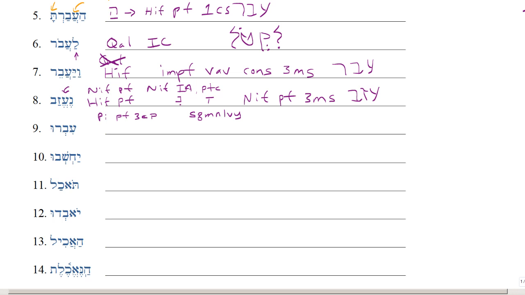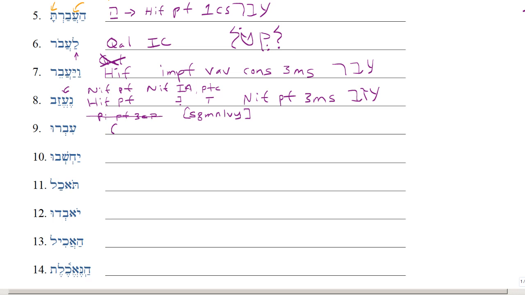So we have a vocal schwa here, and so we need to check, could this letter drop a dagesh forte? Well, it's not. The bet is not one of the letters that can drop a dagesh forte, so we have no doubling here. That eliminates the Piel as a possibility.